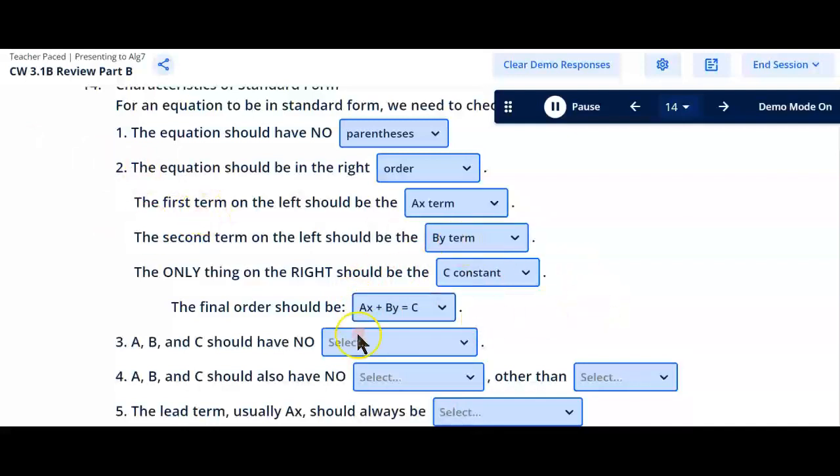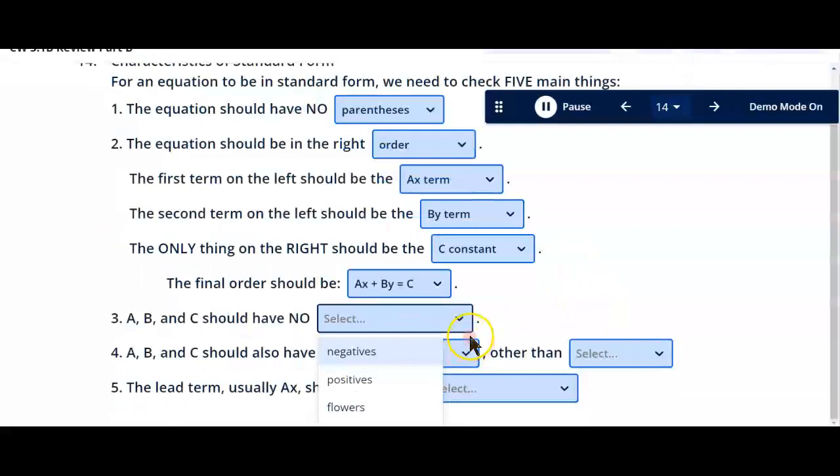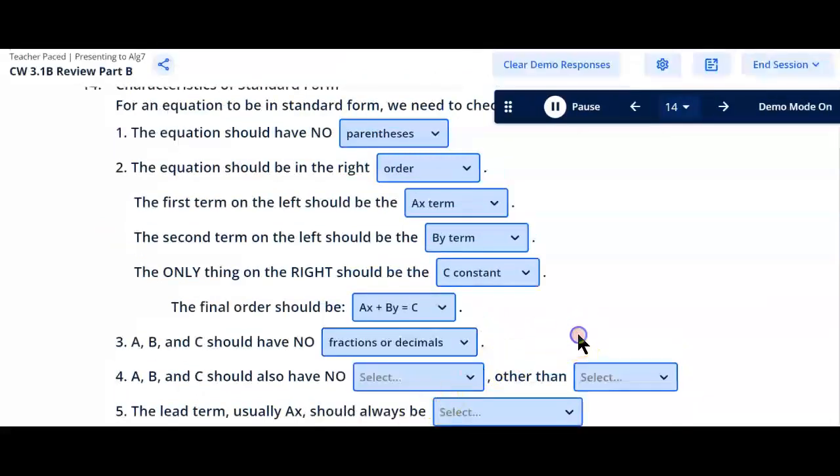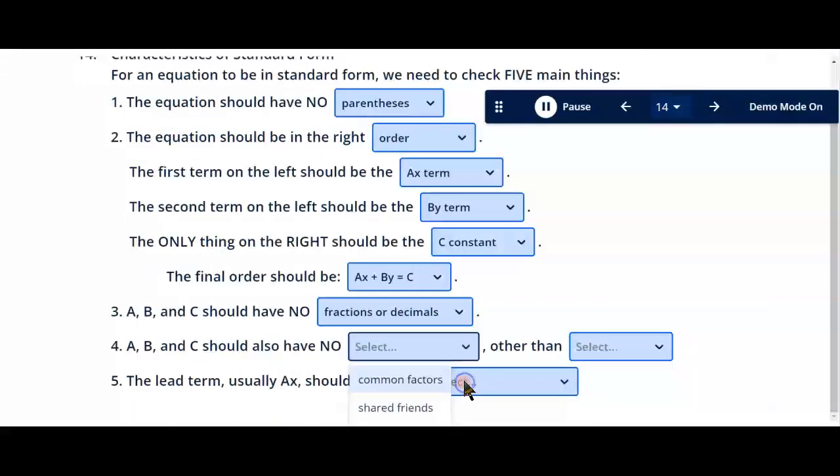All right. Number 3, A, B, and C should have no, Elena, fractions or decimals. So we should have no fractions or decimals all the way across. They should also have no what, Susanna?